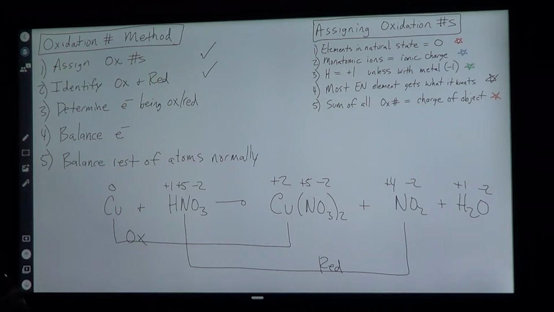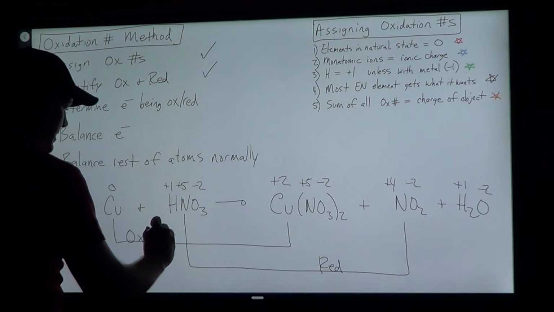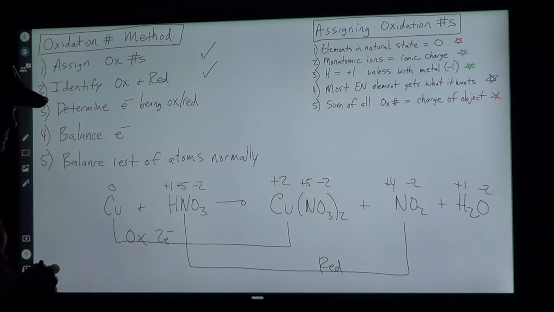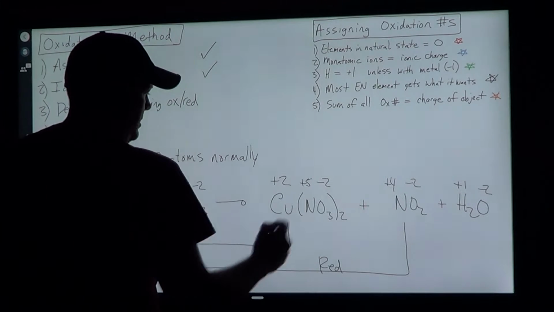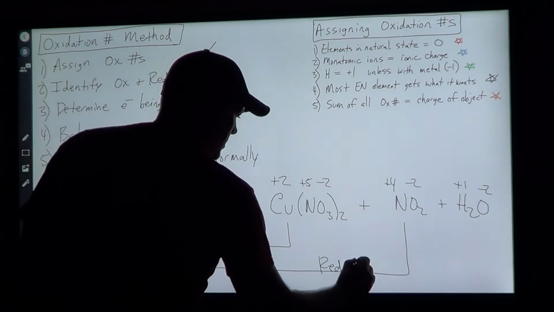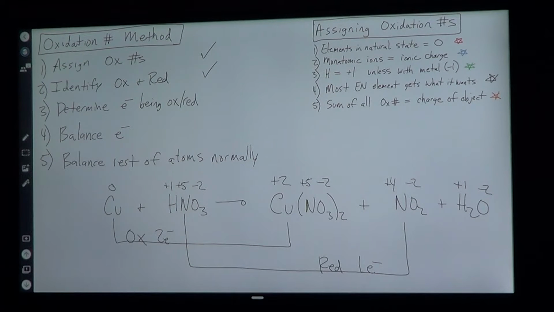Step 3, how many electrons are being oxidized or reduced? This copper is being oxidized by 2 electrons. The nitrogen is being reduced by only 1 electron.